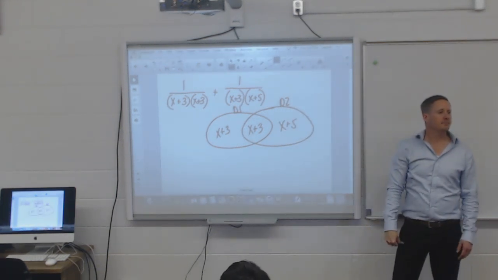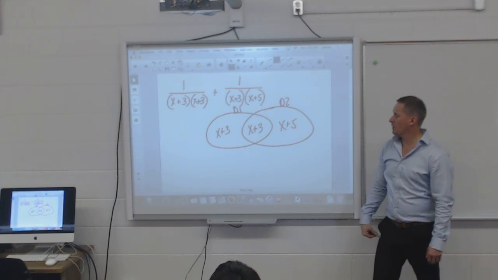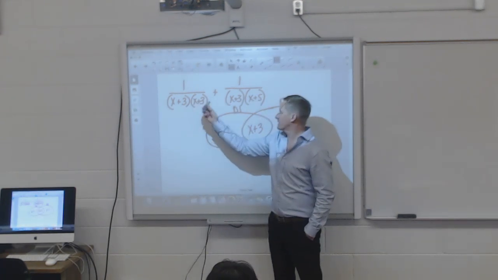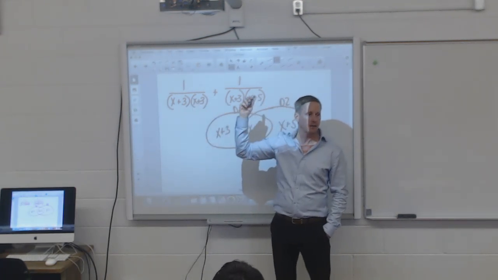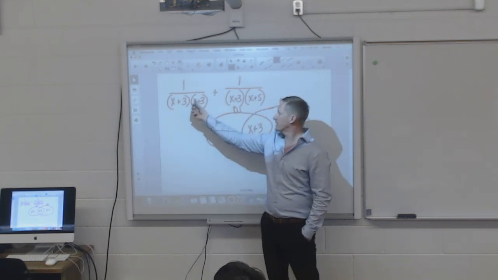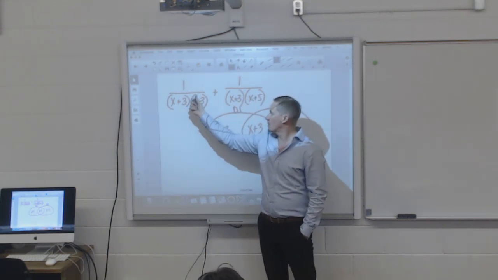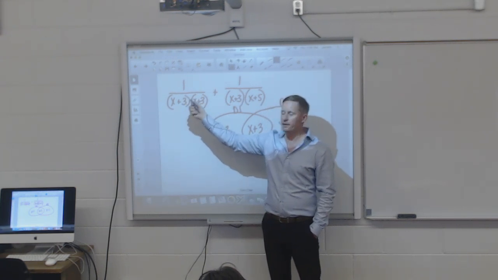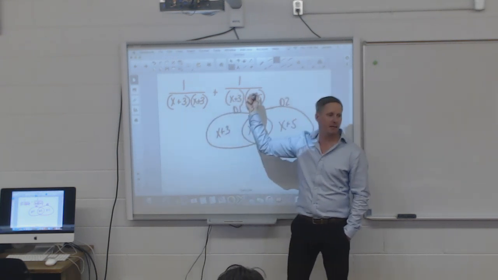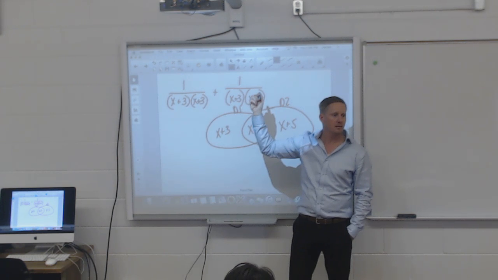You just go through it slowly again? Yeah. Okay, so the first thing I did was factor this and factor that. This is my denominator right here, x plus 3 and x plus 3, right? So out of this denominator, is there anything that's the same in this denominator? X plus 3.